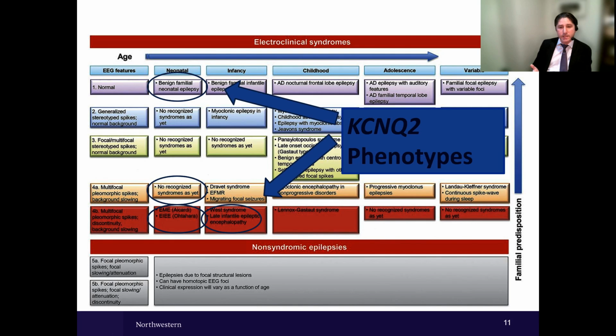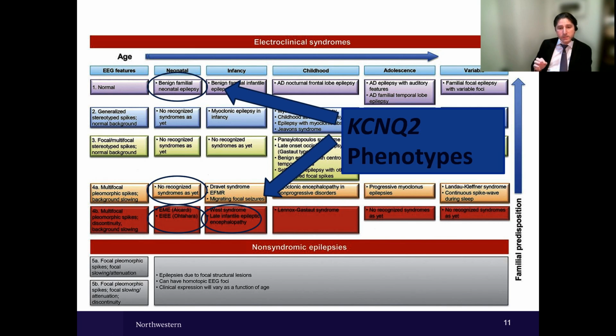So applying KCNQ2 to this framework that I've described, you can see that there are 2 main types of KCNQ2 loss of function phenotypes. The word phenotype means clinical presentation. And I'm going to talk first about something called benign familial neonatal epilepsy.